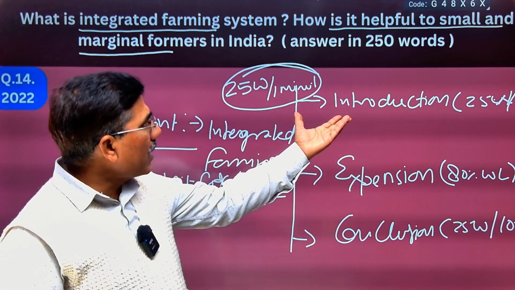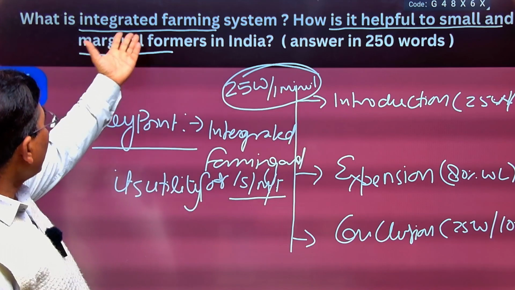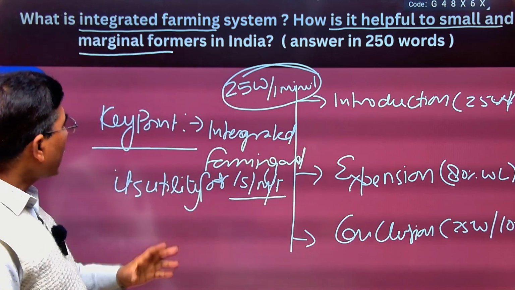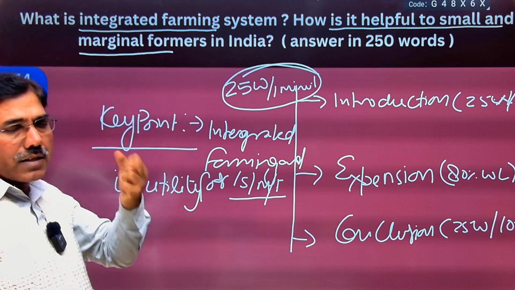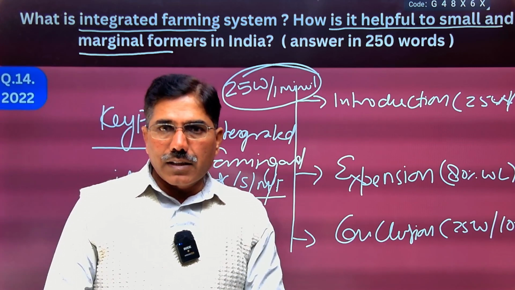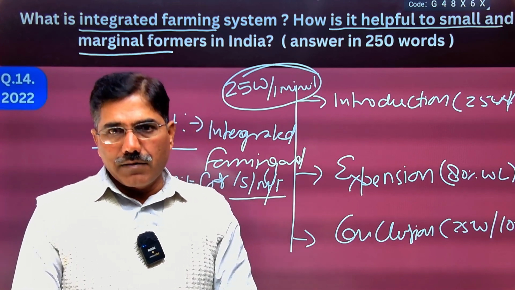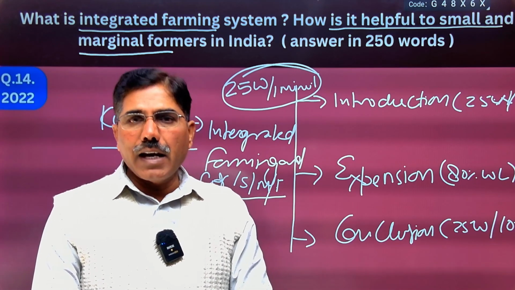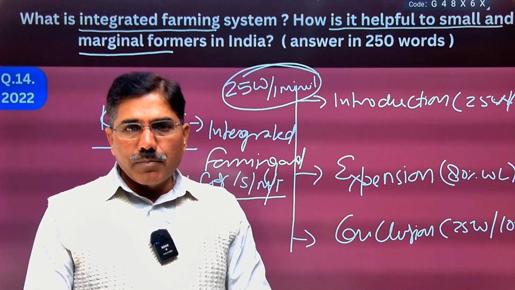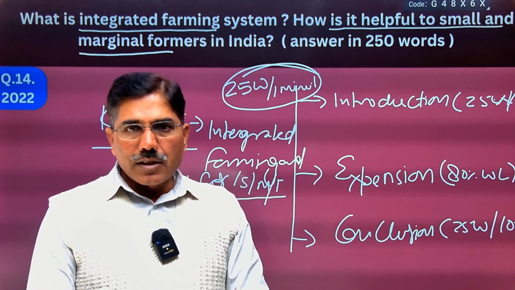How can this strategy help? That is integrated farming. If you know the meaning of integrated farming, then you can automatically analyze these points. Integrated farming means collectively undertaking all agriculture and allied activities. That is agriculture and animal rearing. In agriculture, that is food grain production and horticulture production.